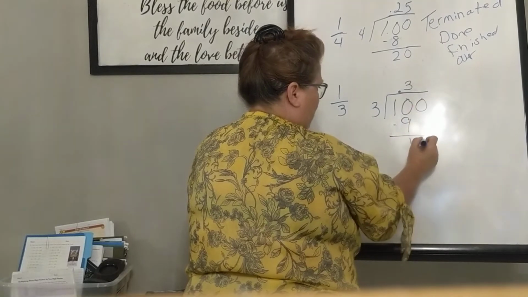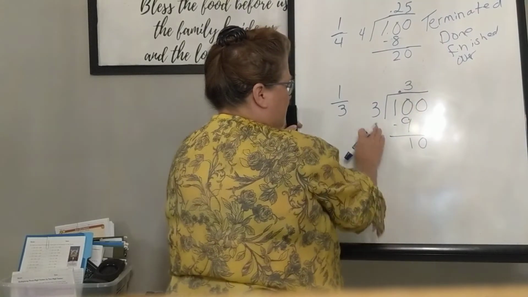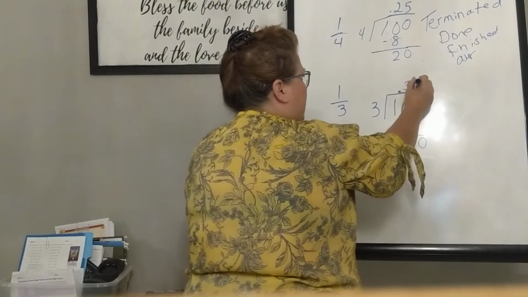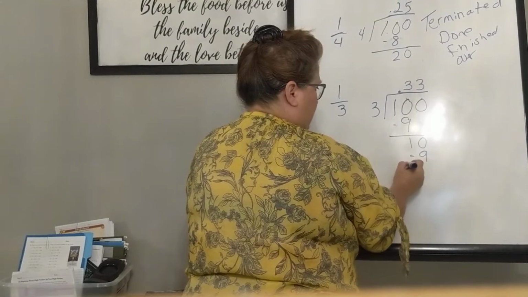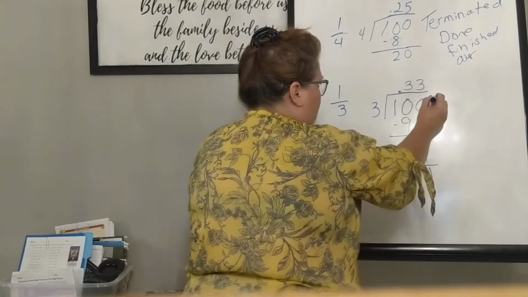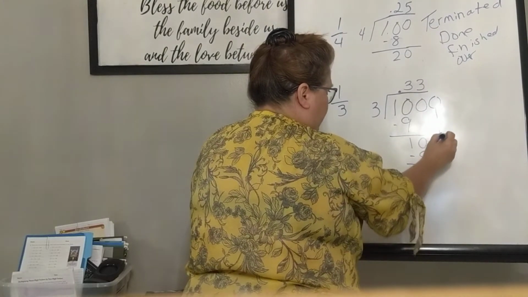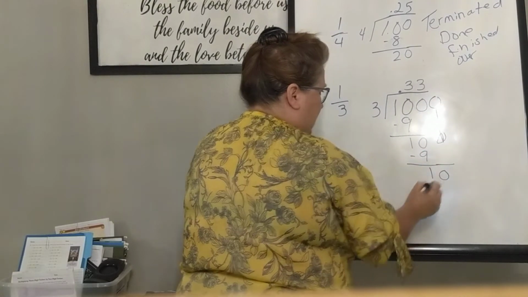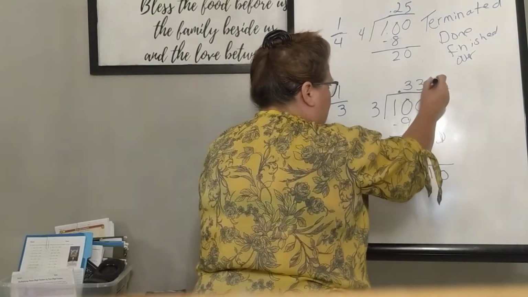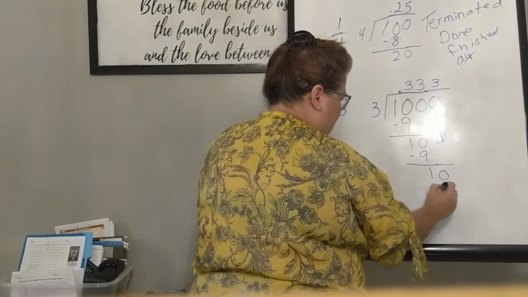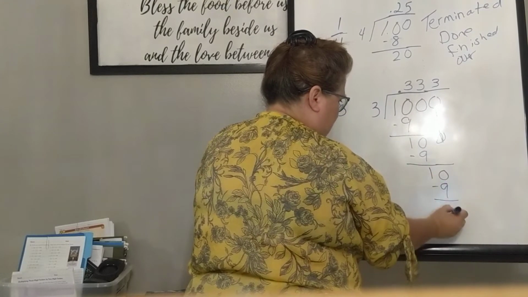We annex a 0 and bring it down. 3 will go into 10 3 times. 3 times 3 is 9. We subtract, we have 1. We annex a 0 and bring it down. 3 will go into 10 3 times. 3 times 3 is 9. 10 minus 9 is 1.